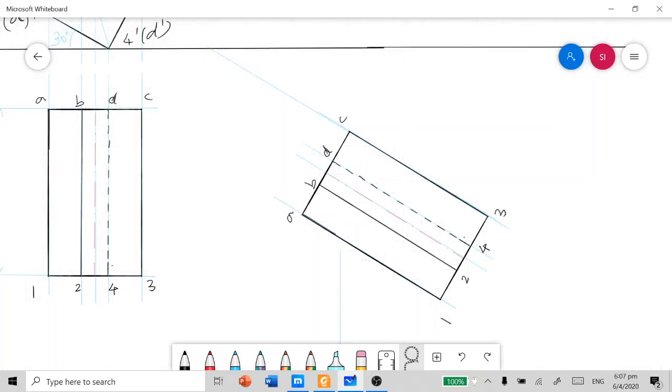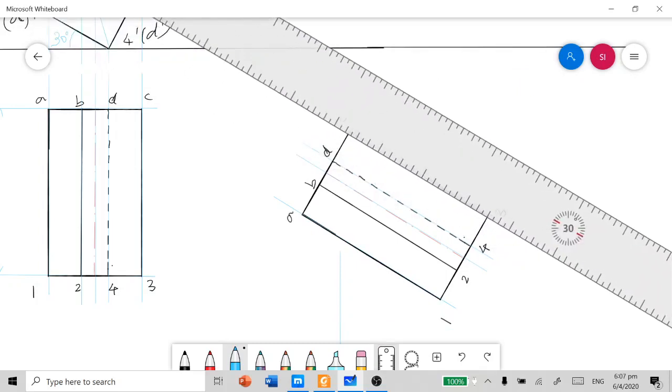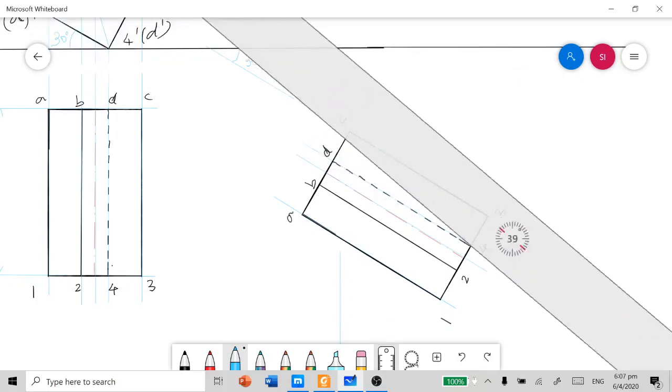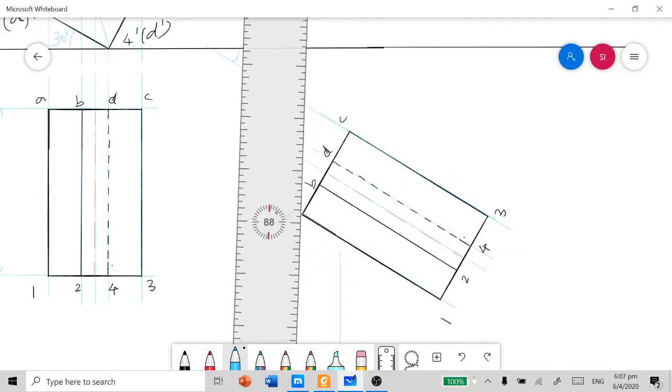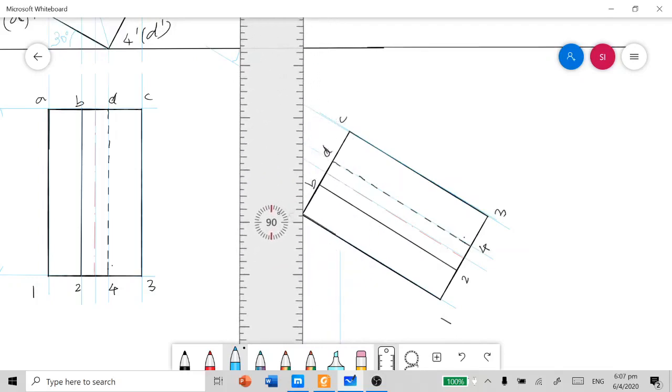Now this inclination is 30 degrees, and I need to draw the projectors from each and every corner of the current top view towards the front view.